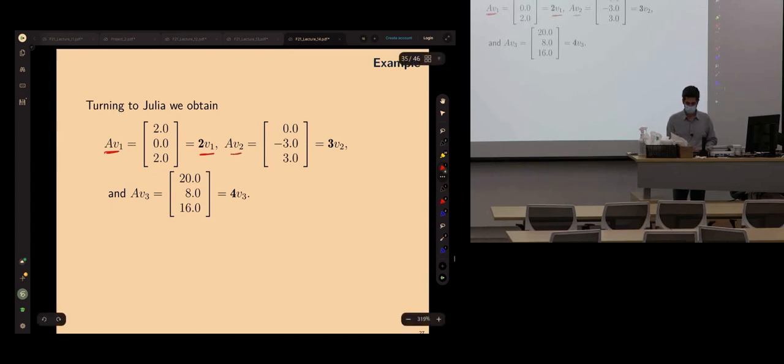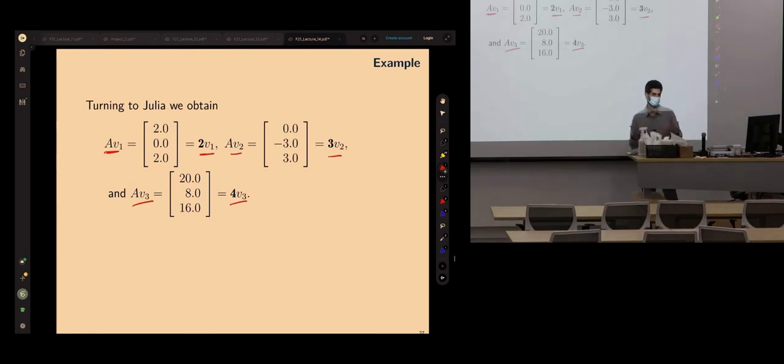A times V2 will give you 3 times V2. You can verify this in Julia for yourself. A times V3 will give you 4 times V3. It works, so it is possible. This is like a forward, verification way. Our problem will be finding out what these eigenvalues are. How can we find out about them?